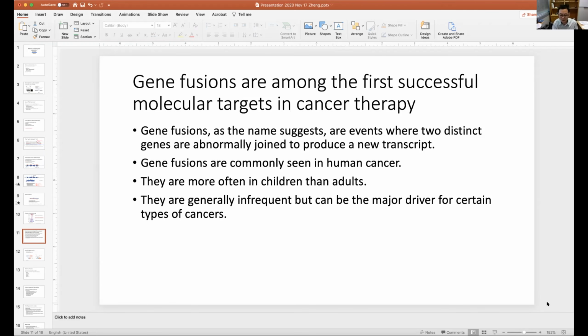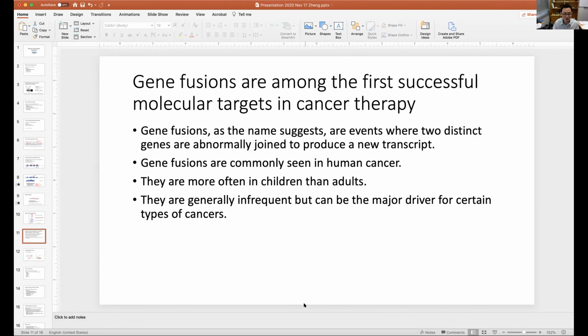But for some specific subtypes of adult cancer, the fusions can be very frequent as well. For instance, high-grade prostate cancer has a fusion called TMPRSS2-ERG. That's a very common fusion, and roughly 30% of high-grade prostate cancer has this fusion.